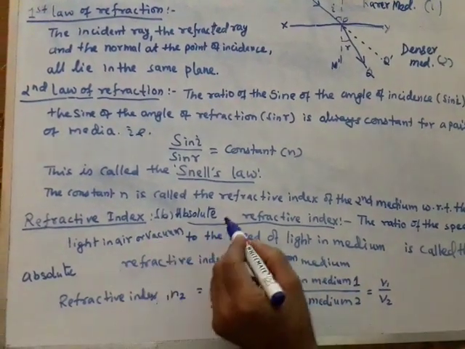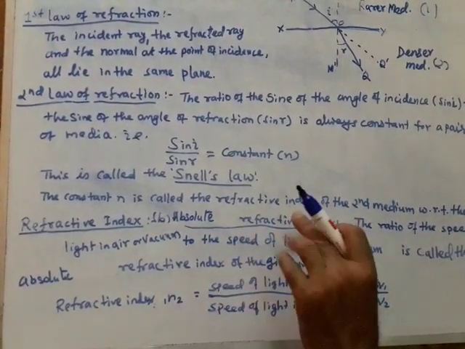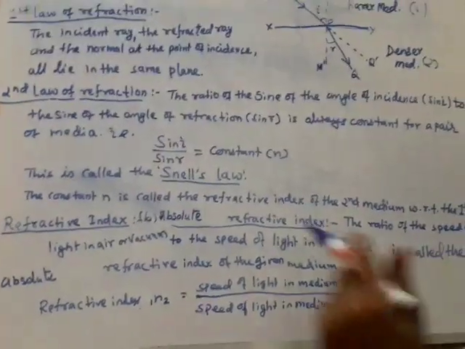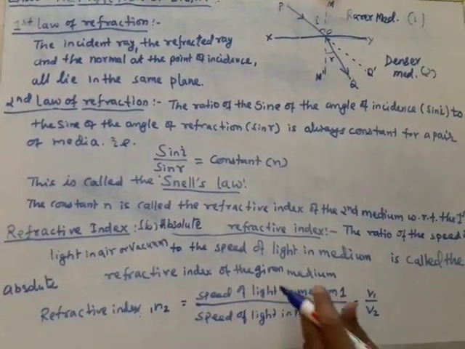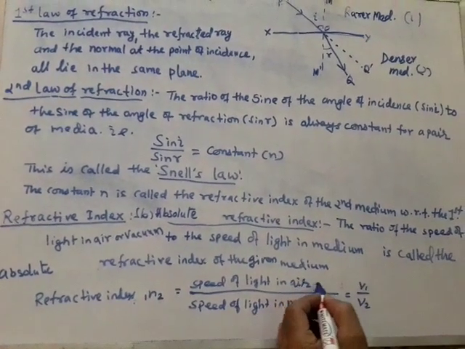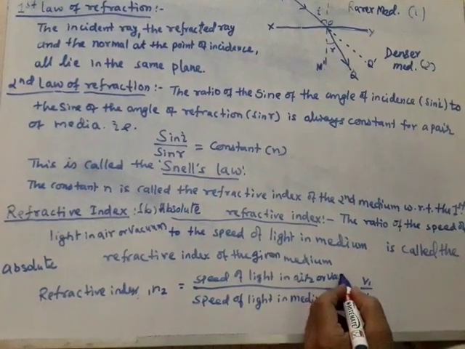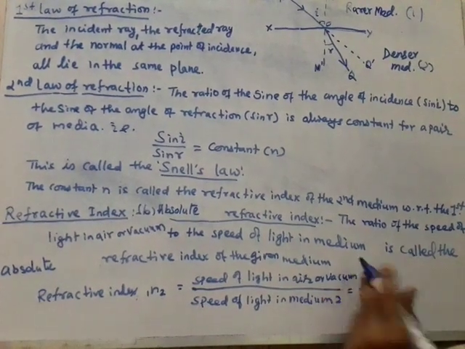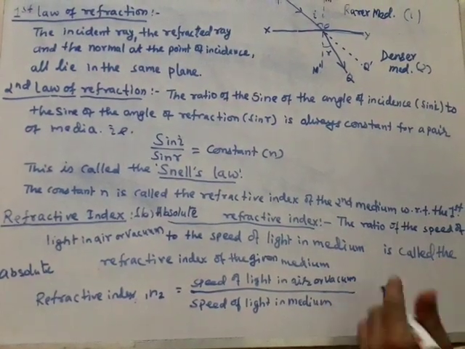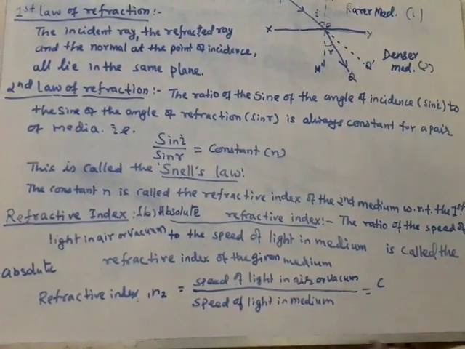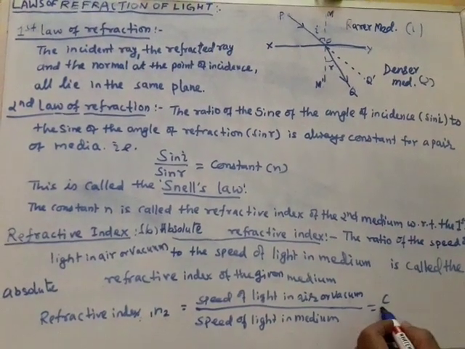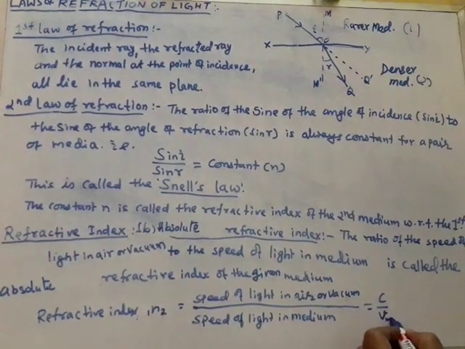Here, what is the difference in absolute refractive index with respect to the relative refractive index? In this case, the first medium is always taken as either air or vacuum. So the speed of light in air or vacuum is taken as c. And the second medium is the given medium. Suppose the speed of light in the second medium is Vm.